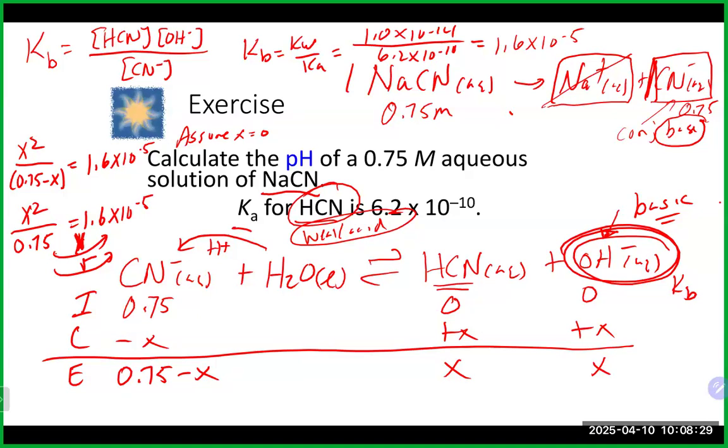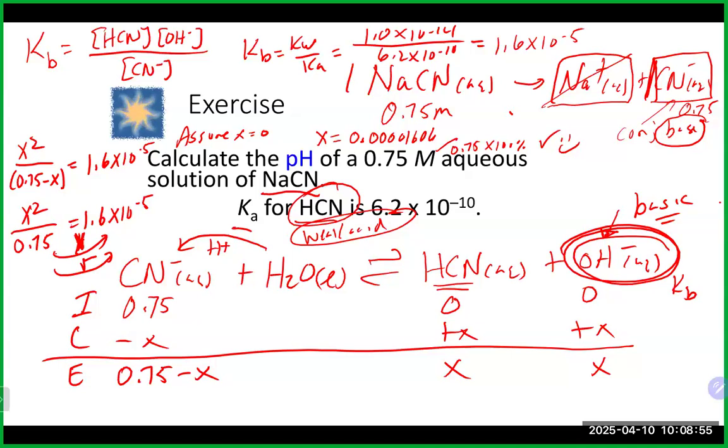And that is going to get us basically an x value of 0.00001606. We do need to check it, so we'll divide that by 0.75, times it by 100%. And I think we should be in good shape at that point. We're not even 0.1%, so the check here is good.